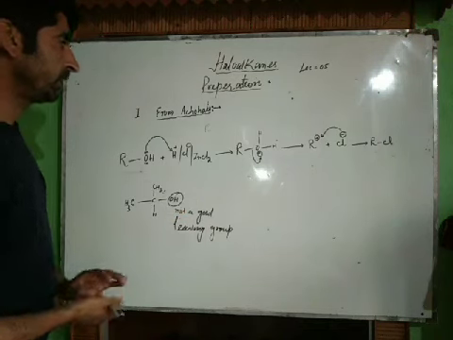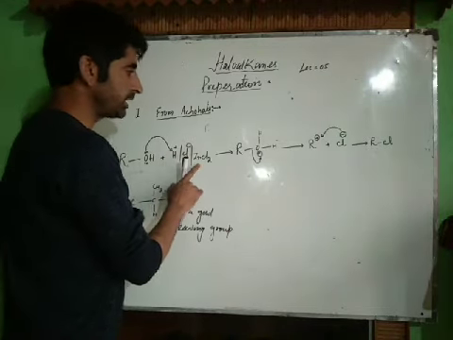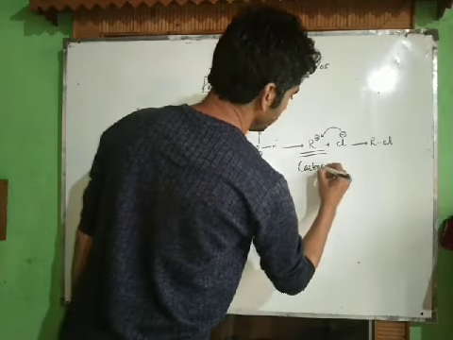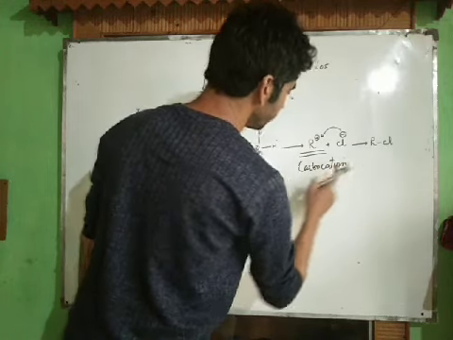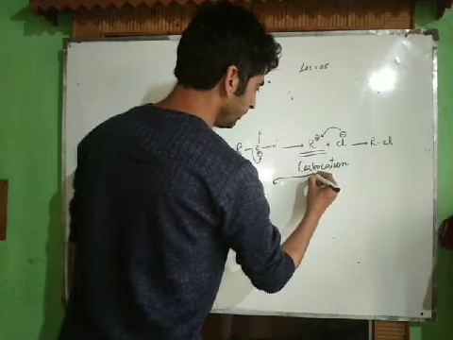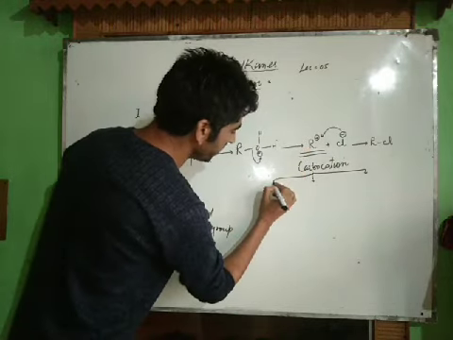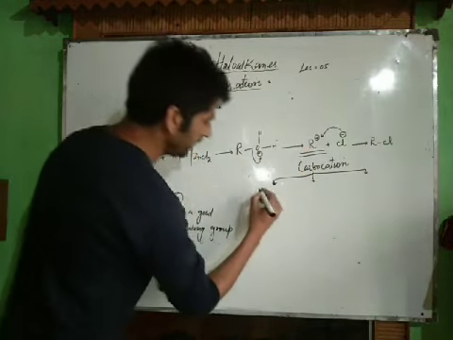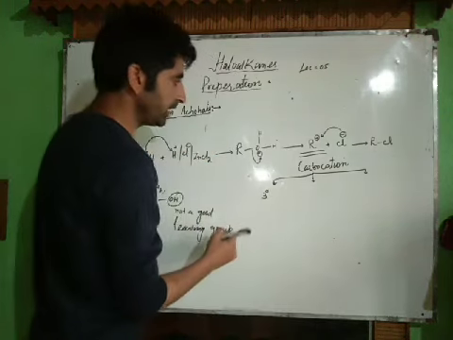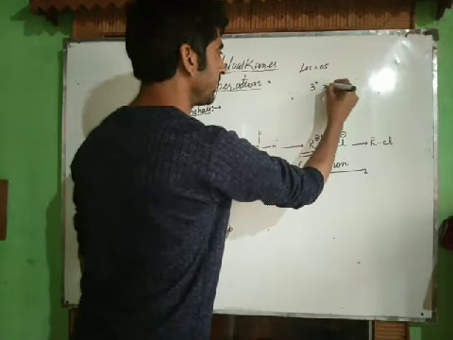Now see, in this reaction of alcohols with HCl and ZnCl2, we get a carbocation as an intermediate. Now recall your last lectures. Whenever a carbocation is formed as an intermediate, the rate of reaction varies as tertiary, then secondary, then primary.